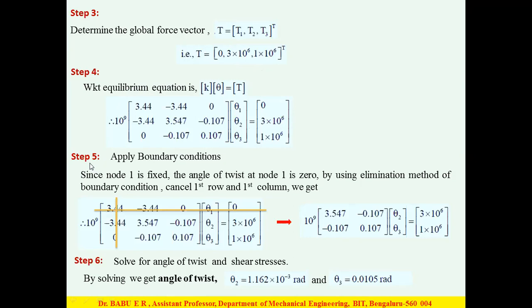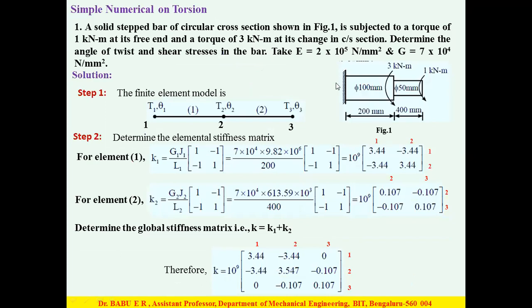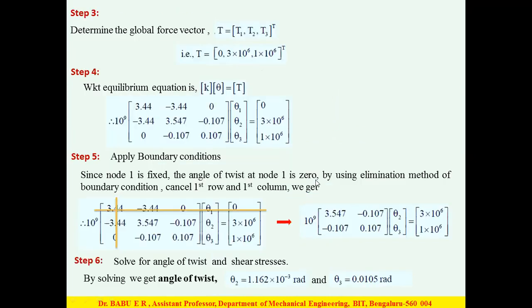Go to the next step. You have to apply the boundary conditions. When you see the diagram, since node 1 is fixed, the angle of twist at node 1 is 0. By using the elimination method for boundary conditions, we cancel the first row and first column.